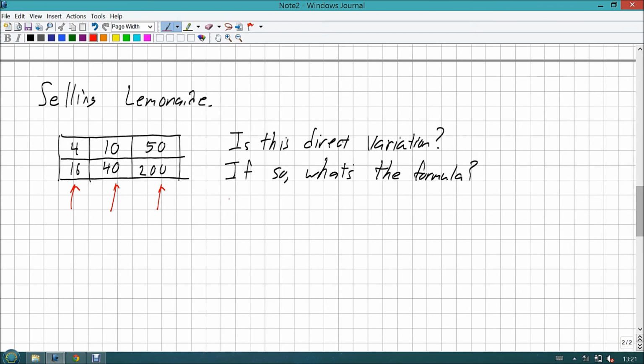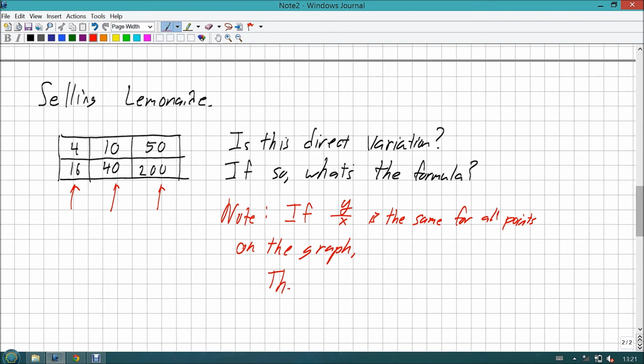So, note, if y over x is the same for all points on the graph, then it is direct variation.